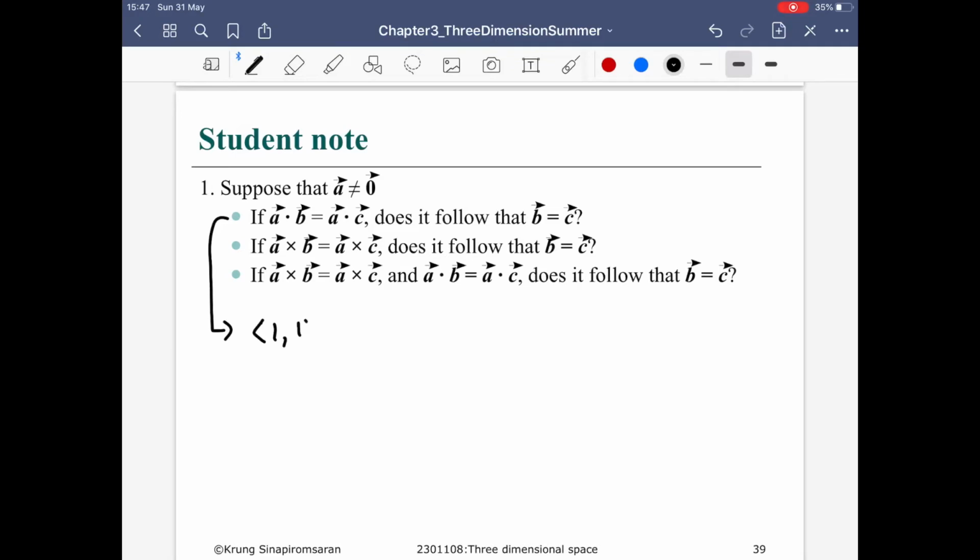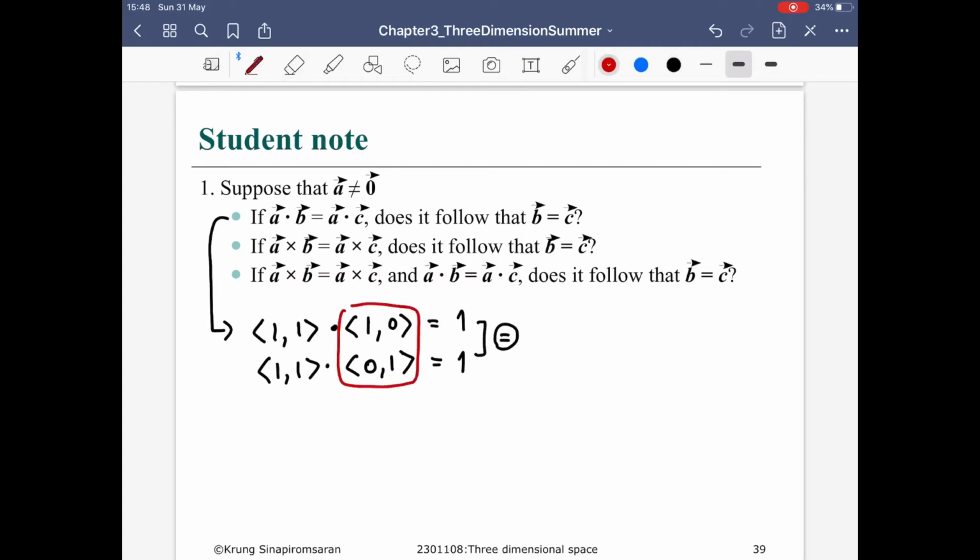Your A can be (1, 1) and your B can be (1, 0). If you dot it together, you get 1, and A dotted with C, where C is (0, 1), gives 1 again, so they are the same, but these two, B and C, are not equal. So this one is false. It is not necessary that B and C will be the same.